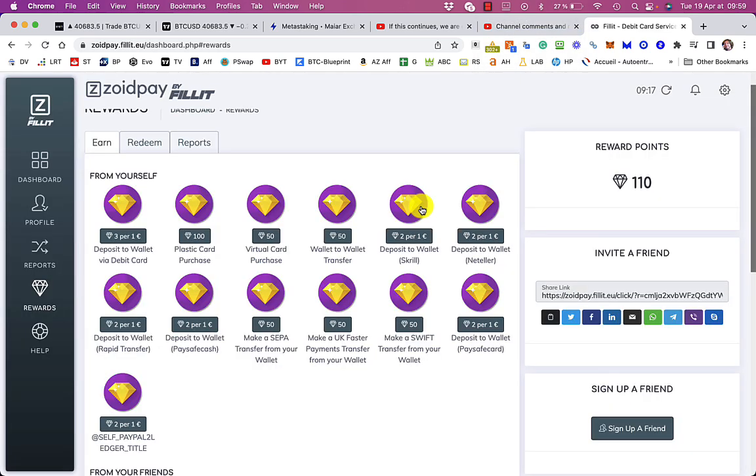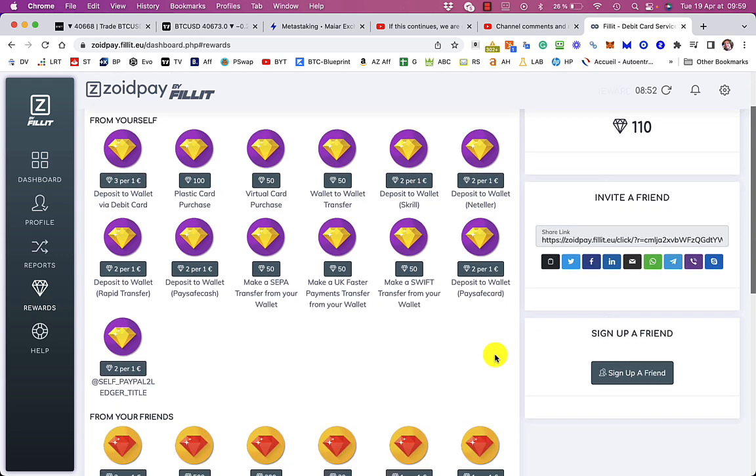Anyway, if you're interested in ZoidPay, I did notice that they've got an invite a friend referral link. What seems to happen there is if you make a deposit to a wallet for a debit card, you get 3 of these reward points. I don't know what they are, to be honest. Then you get 100 for a plastic card purchase. I seem to have 110.